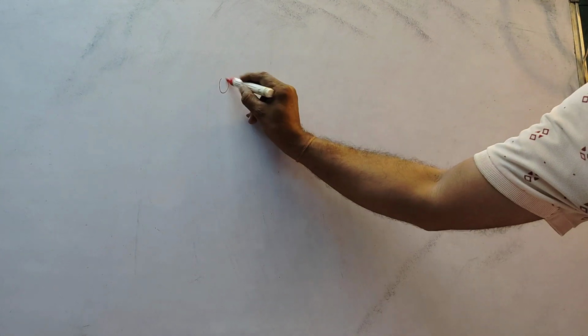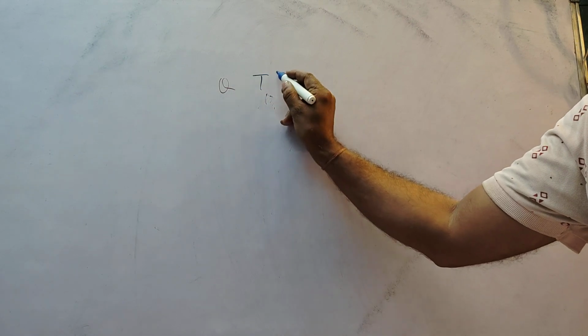Next, question 32 is related to true or false. True false type question.